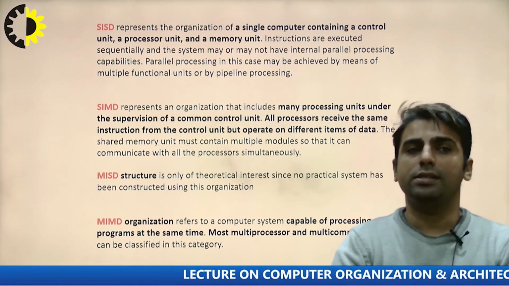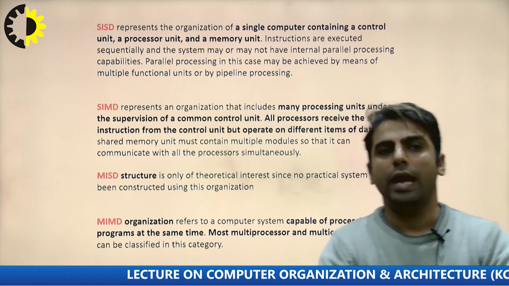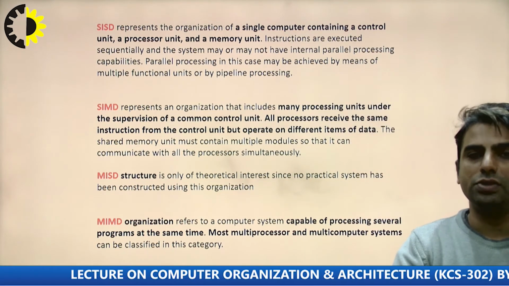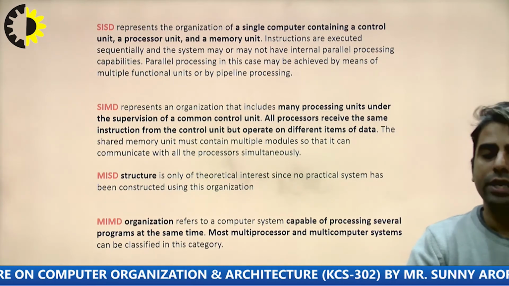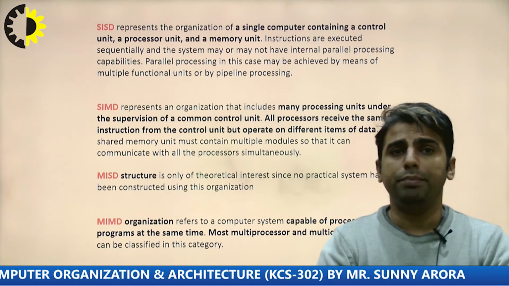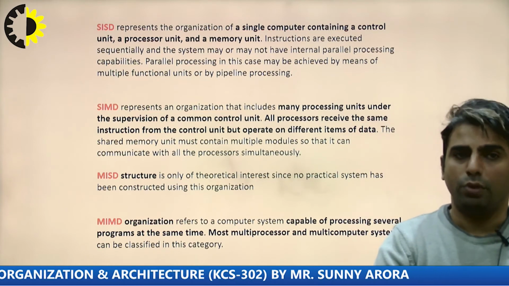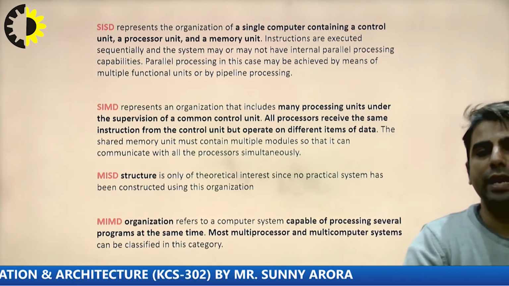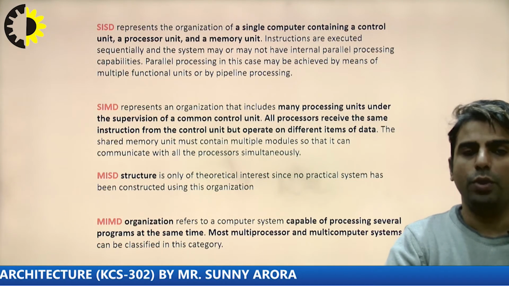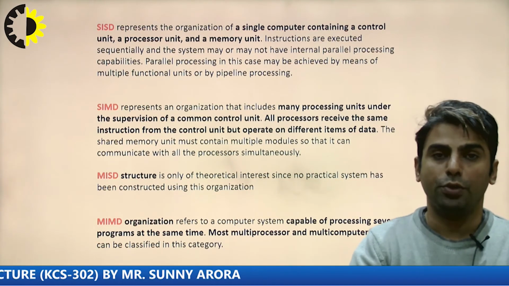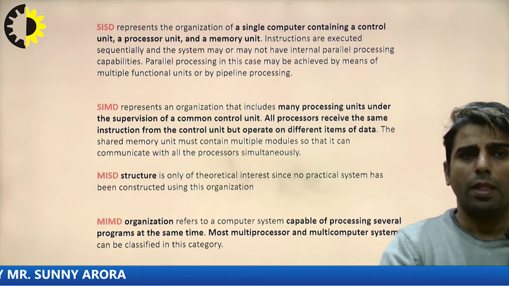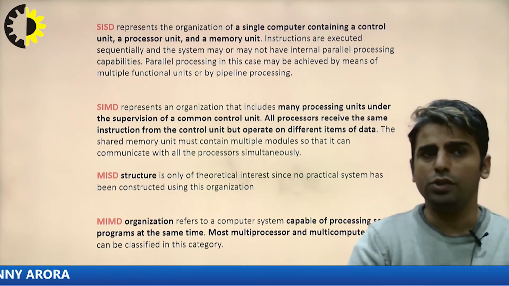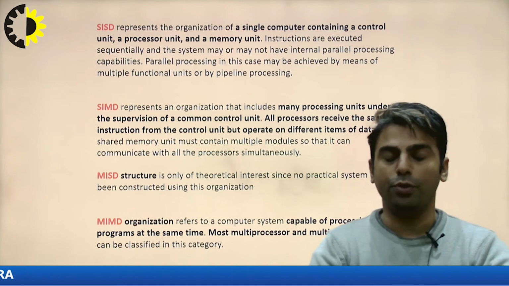Okay, the second one is SIMD. SIMD is single instruction stream, multiple data streams. Okay, here many processing units are present. Many processing units means it can have multiple ALUs, but many processing units under the supervision of a common control unit.